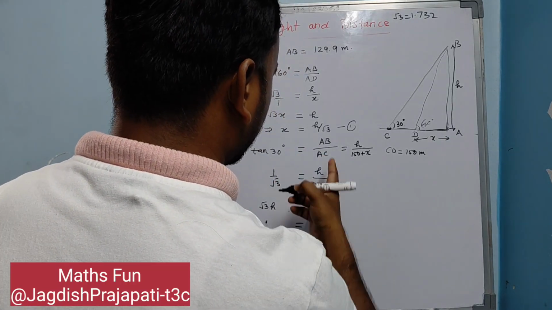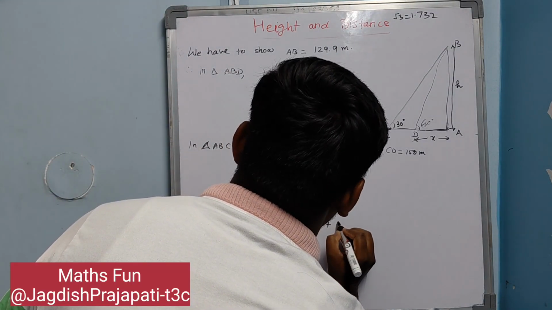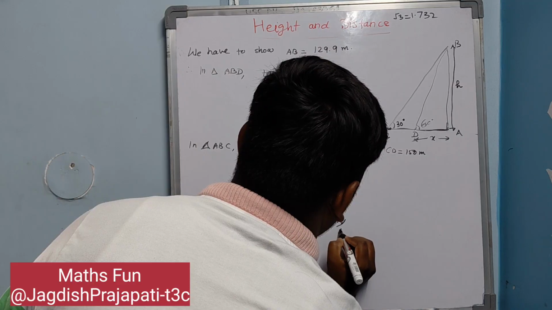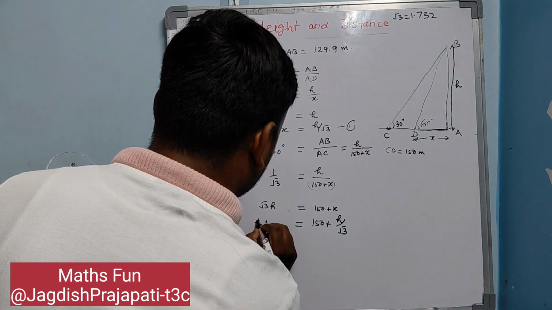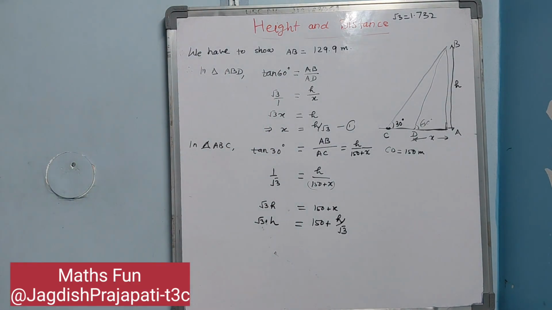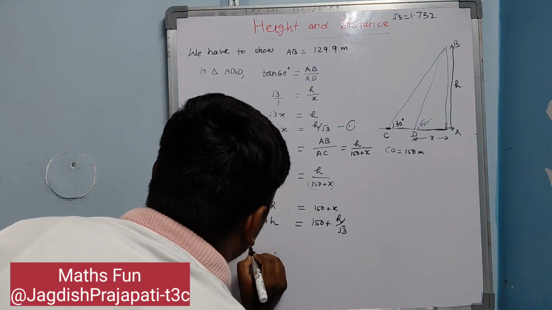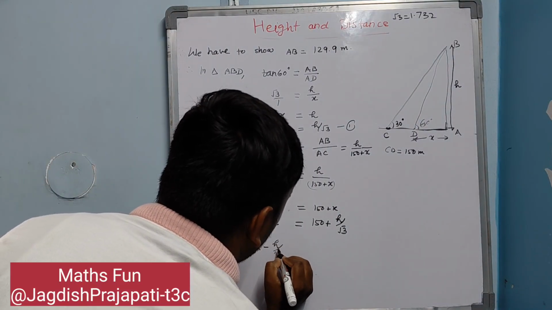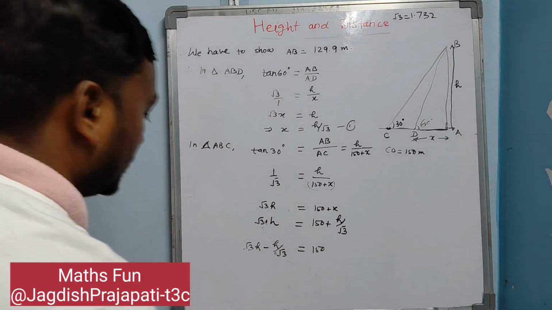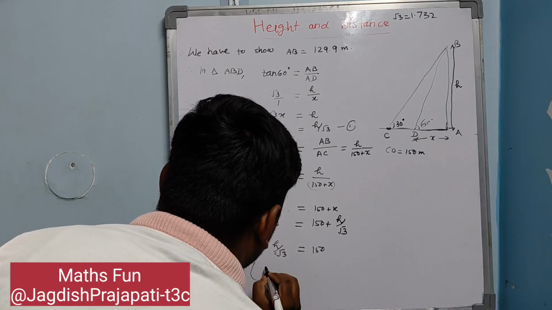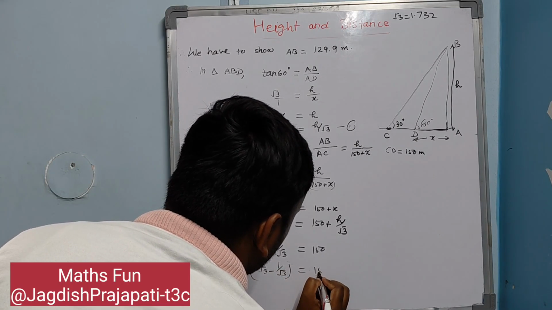Here X is H by root 3. So root 3 H equals 150 plus H by root 3. Now bring this here: root 3 H minus H by root 3 equals 150. We can take H outside: H times root 3 minus 1 upon root 3 is 150.